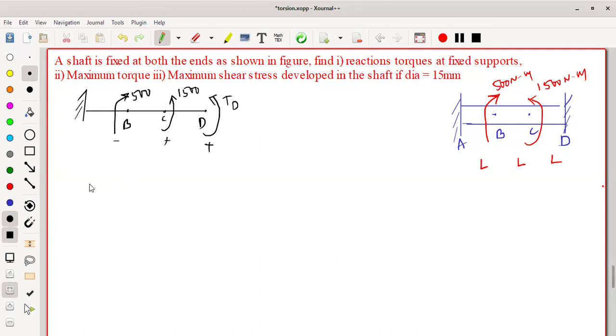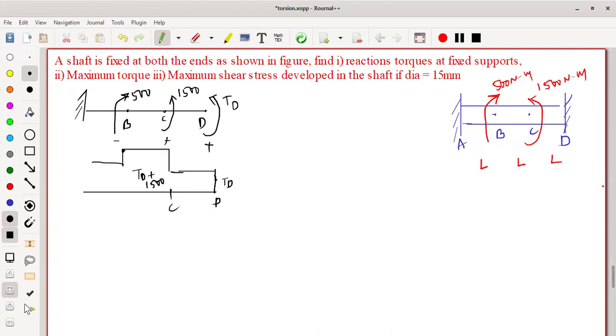Now you have to draw the twisting moment diagram. The height is TD, and it will be the same from D to C. By adding the 1500, it is again TD plus 1500. Up to B it is the same but in the opposite direction, so it is going to be less compared to the previous one.